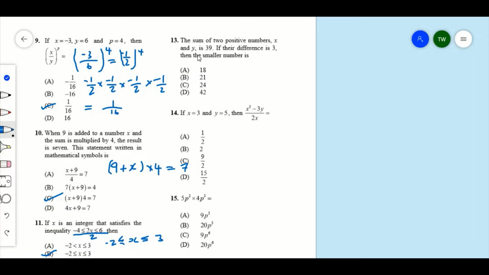Now from this question you can clearly see that what we have is a pair of simultaneous equations.